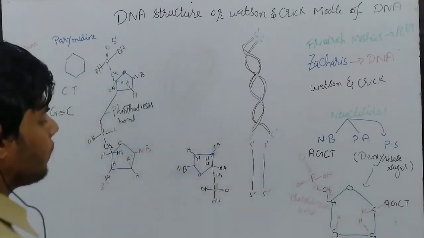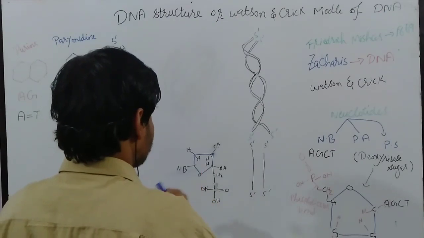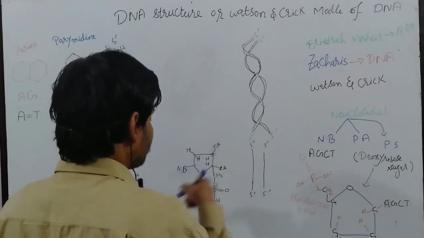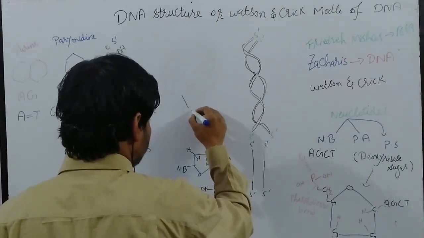Okay, so this is the phosphoric acid, and if we draw another nucleotide just like that, again we will draw it in the opposite form.